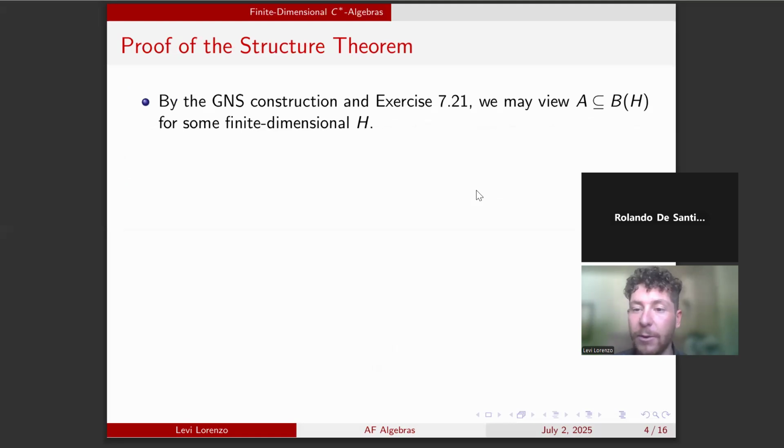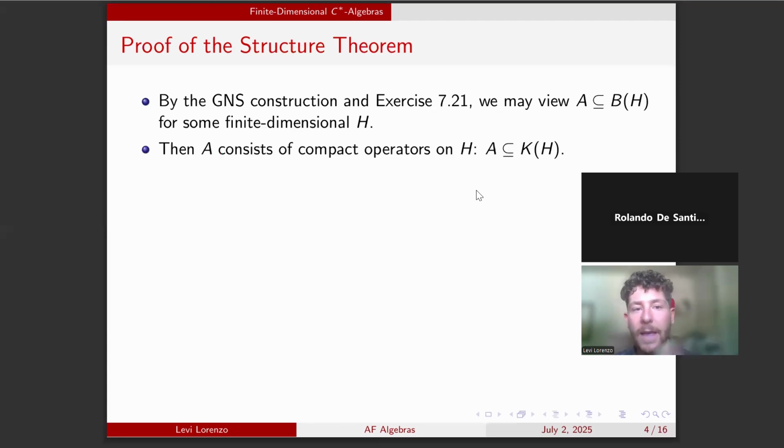This is where the irreducible representations are going to come into play. Using the GNS construction, if we have a finite dimensional C-star algebra, we can view it as a subalgebra of B(H) for finite dimensional H. That's Exercise 7.21 in the Goals notes, to see that we can represent this on a finite dimensional Hilbert space.